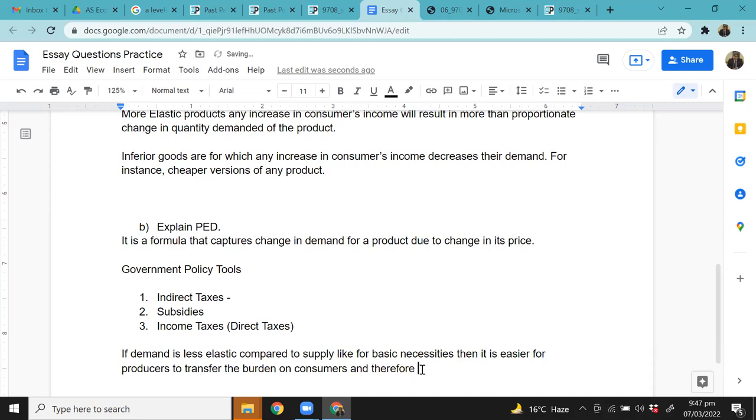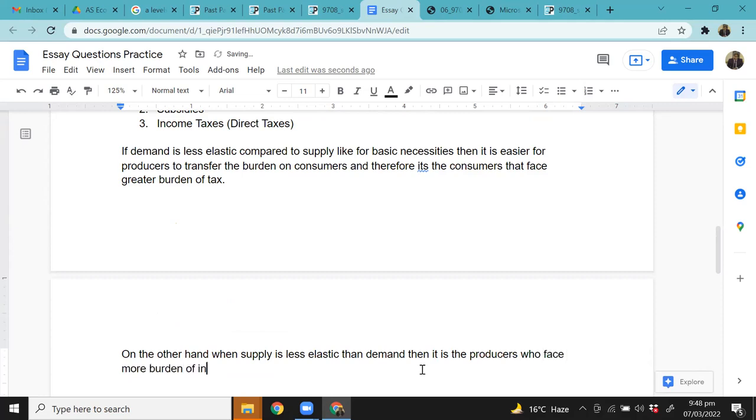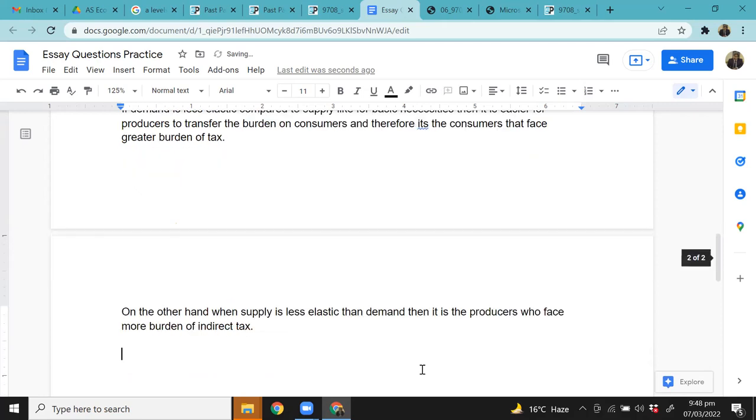Therefore, consumers face greater burden of tax. On the other hand, when supply is less elastic than demand, then it is the producers who face more burden of indirect tax. Students, are you following me? Any confusion? And then you have to use examples, right?